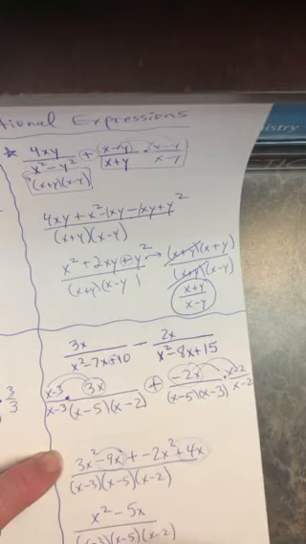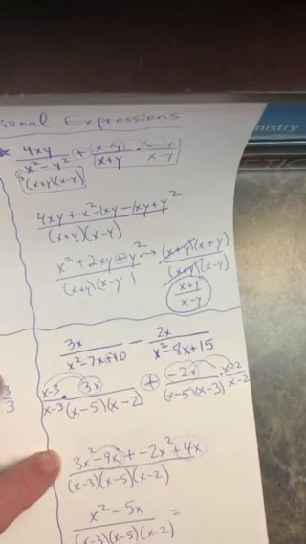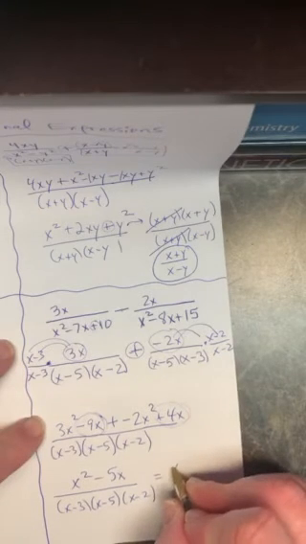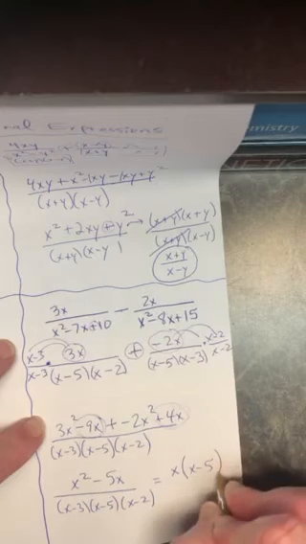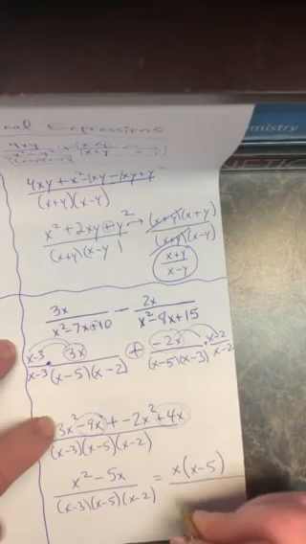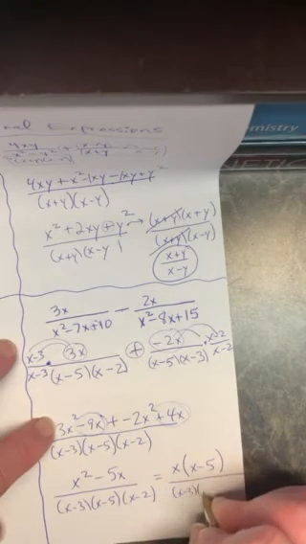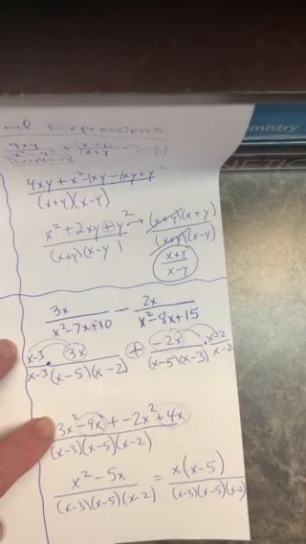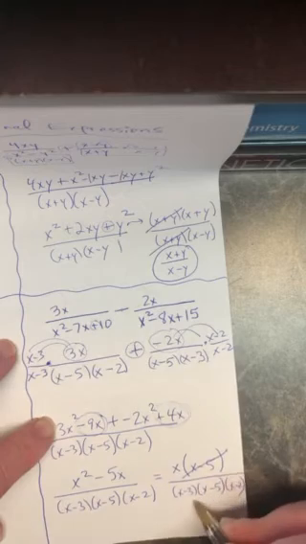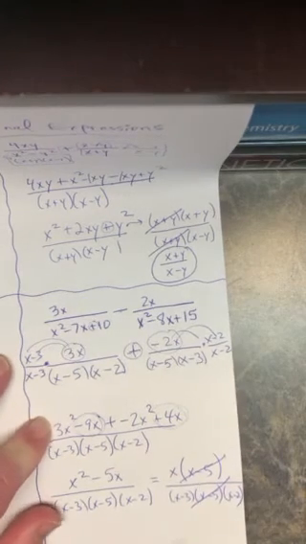Don't circle that. What do you notice about the numerator? Can't you factor out an x? Leaving me with x minus 5. Oh, and notice the denominator does indeed have an x minus 5, doesn't it? Those will cancel.